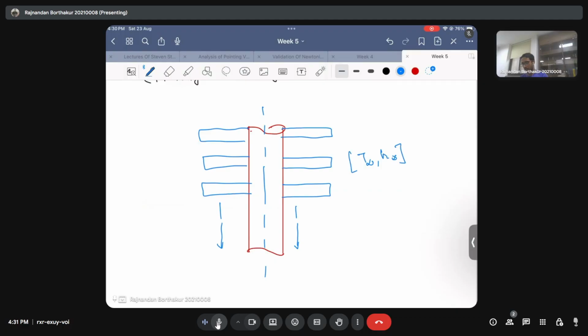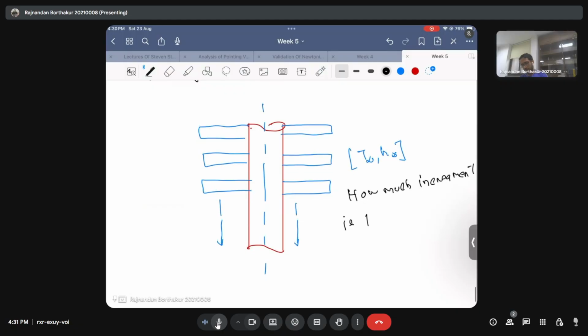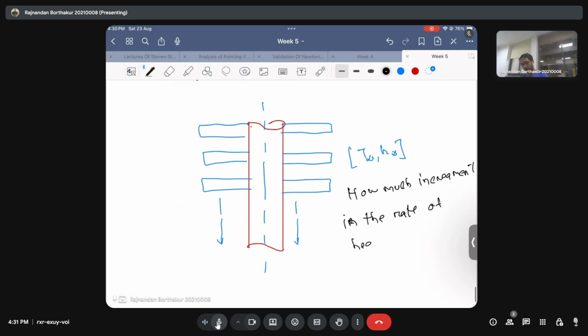And then what you are required to see, if I recall, they are asking you to calculate how much increment in the rate of heat transfer you would get if you don't use this fin.